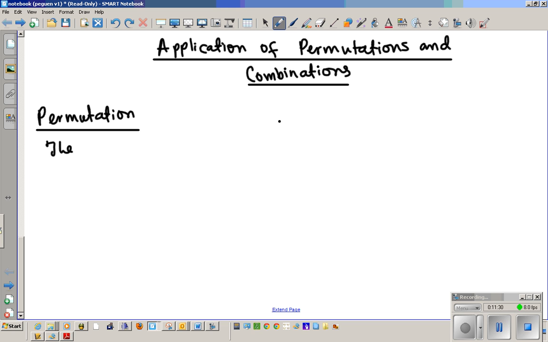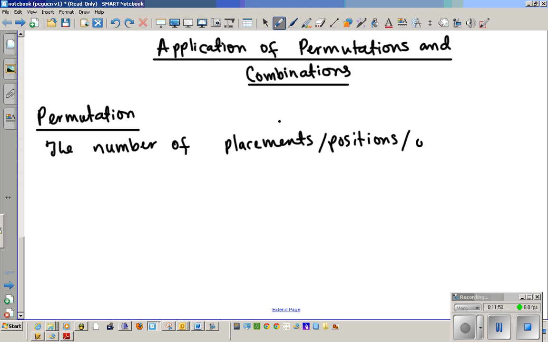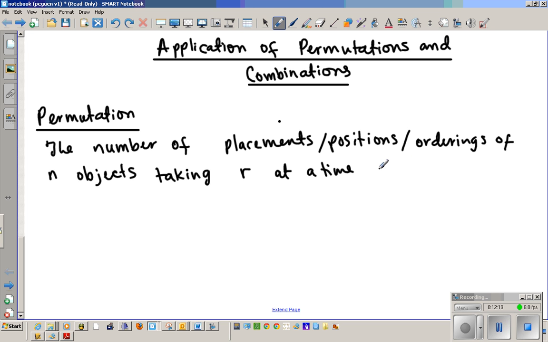The number of placements, positions, or orderings of n objects taken r at a time is the number of permutations.